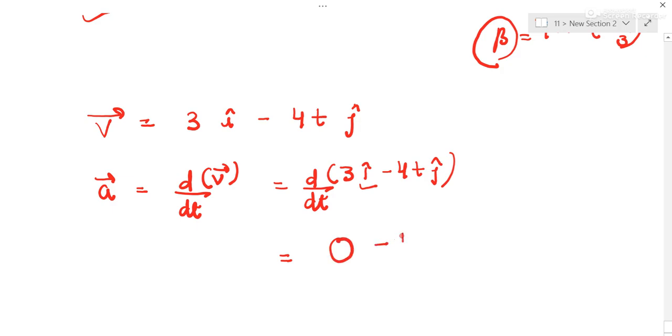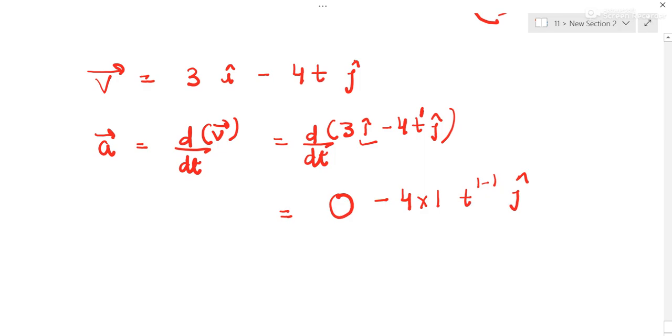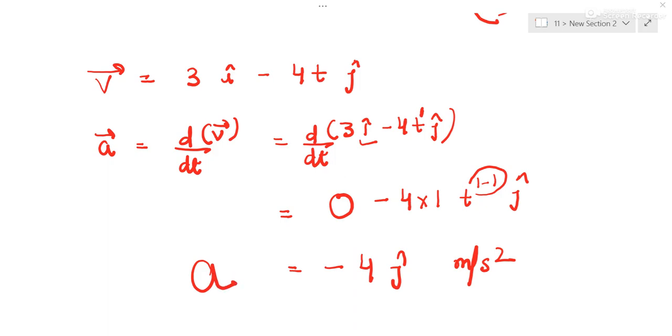Now here it's minus 4. The power of t will come forward, one power will be reduced and j cap as it is. So 0 is nothing. Minus 4 t to the power 0 is 1. So this is the acceleration. That's all. This is the acceleration and the velocity we have already told. So prepare these numericals. The rest of the numericals will be in the next video.